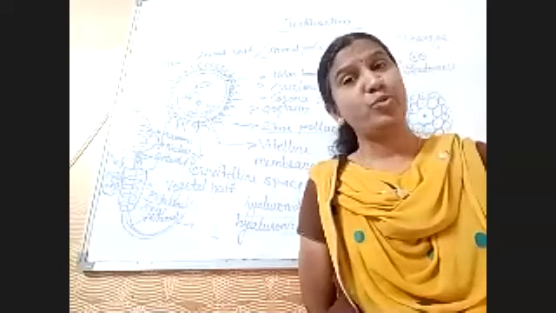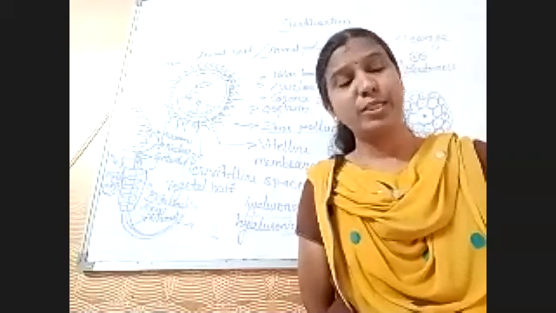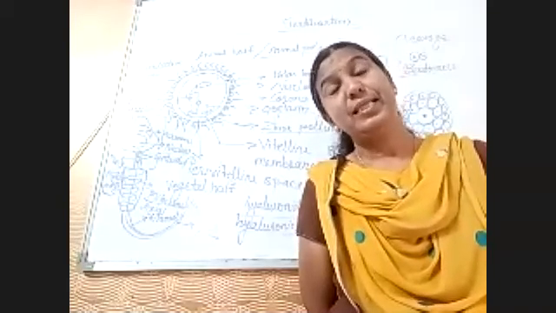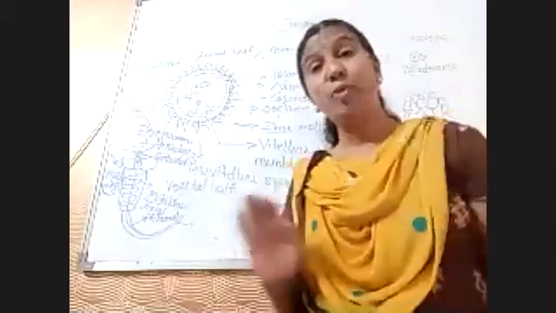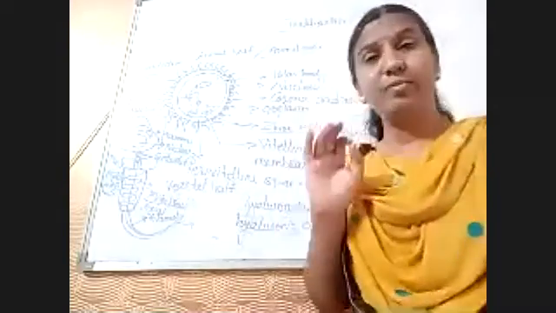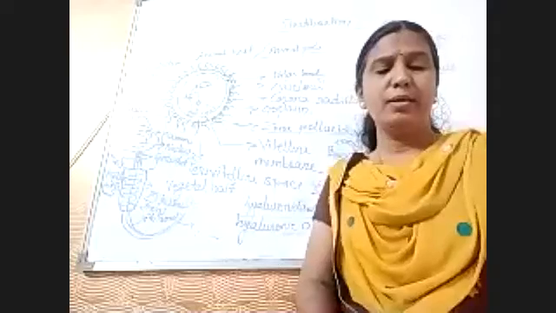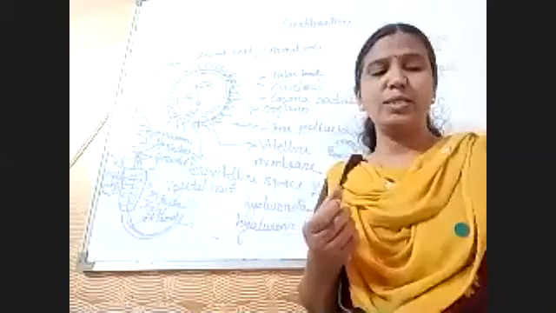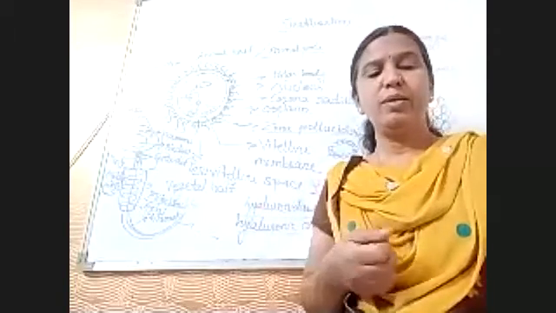Then the pus will ooze out, they will again become papules, and they will leave a mark. They will leave blackish, brownish spots. Then there may be some nodule formation on the skin. They may be painful.